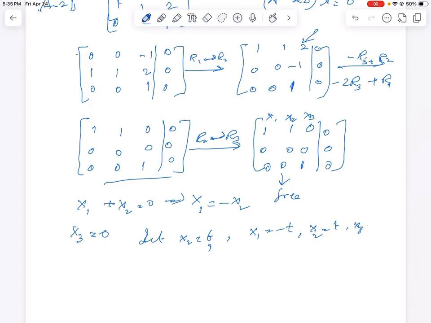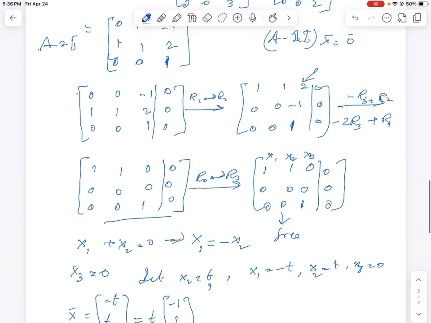So that our x is negative t, t, 0. And we can pull out the t and we get negative 1, 1, 0. So this is our eigenvector associated with lambda equal to 2.